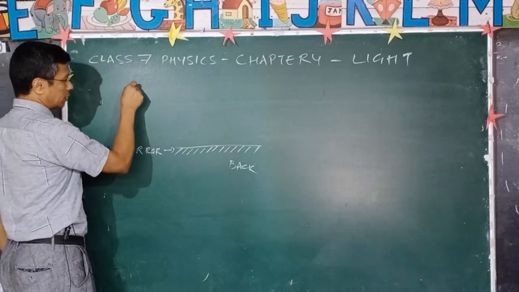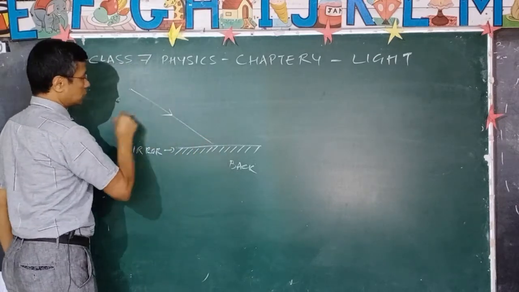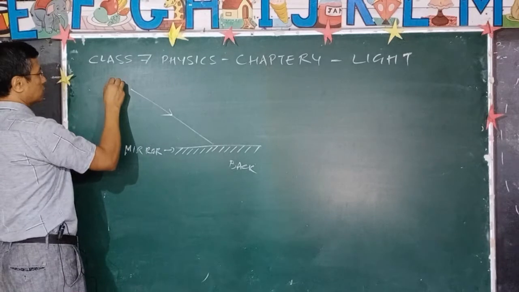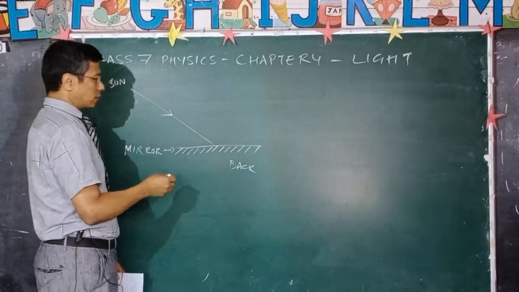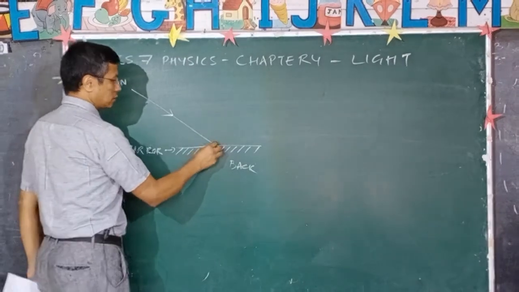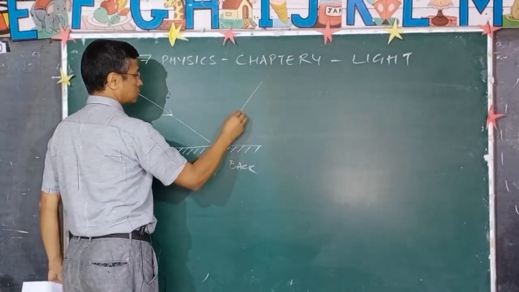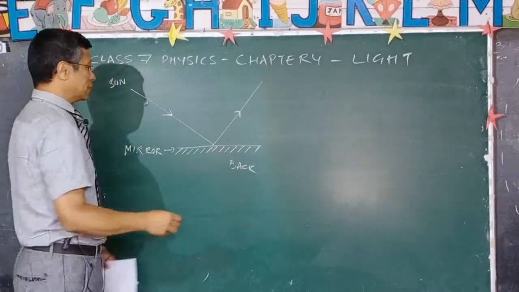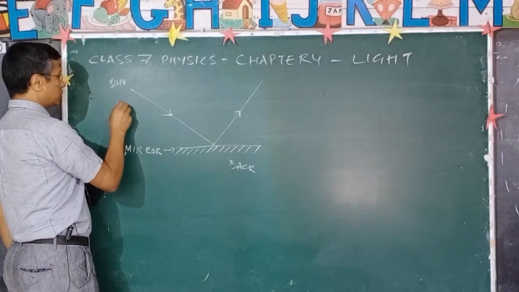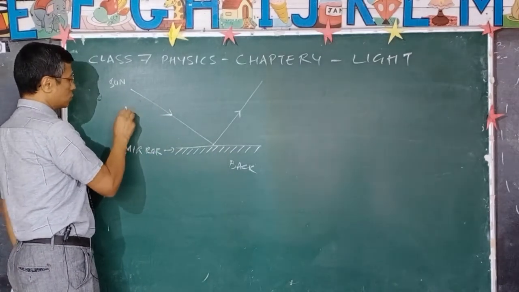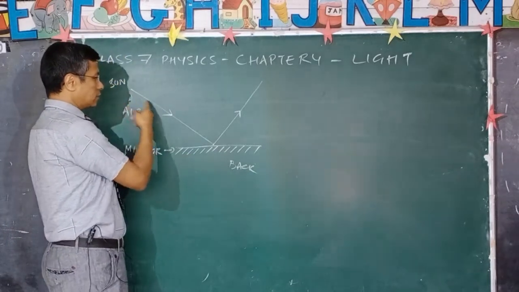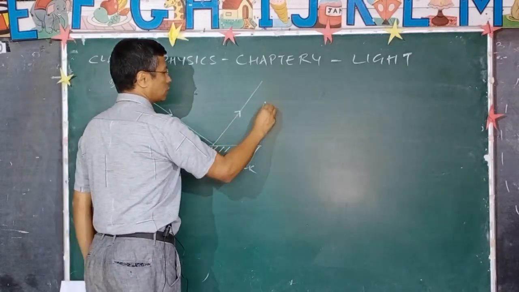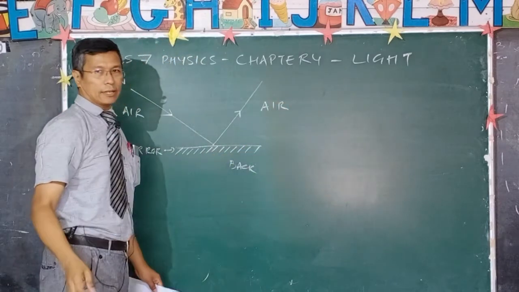Supposing this is a ray of light coming from a source, let's say the sun, and when this ray of light strikes the surface, it will bounce and enter into the same medium. The medium from which this ray of light was coming was air, and as you can see, the ray of light is bouncing back into the same medium, which is also air.